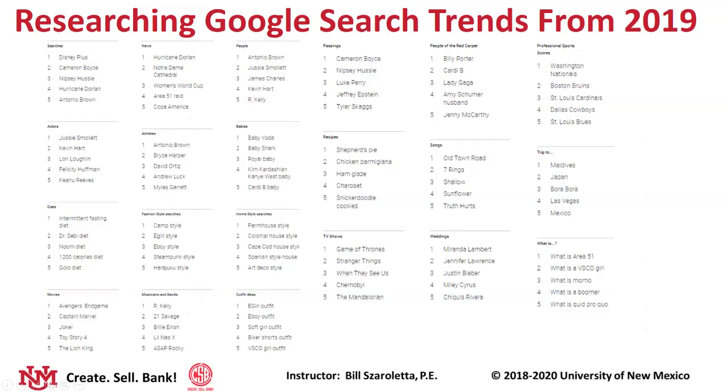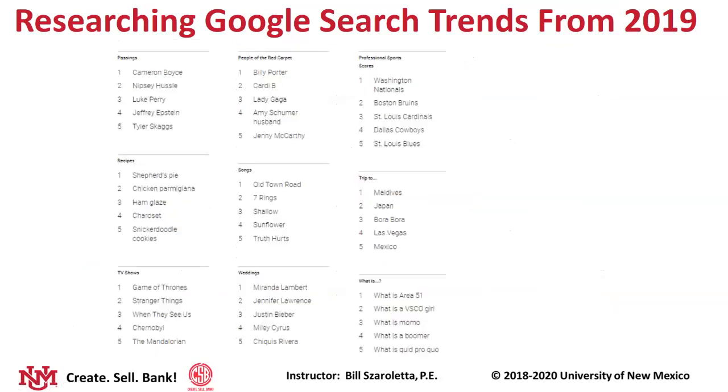The top search: Disney Plus, Cameron Boyce, Nipsey Hussle, Hurricane Dorian, and Antonio Brown. News, again, you can see what's going on there. People of the red carpet, weddings, what is, because people will often type in, what is Area 51, what is a VSCO girl, what is a MOMO, what is a boomer, what is quid pro quo.